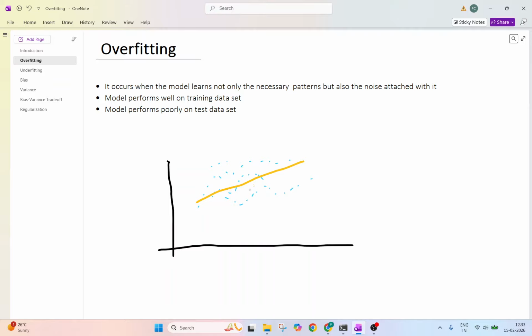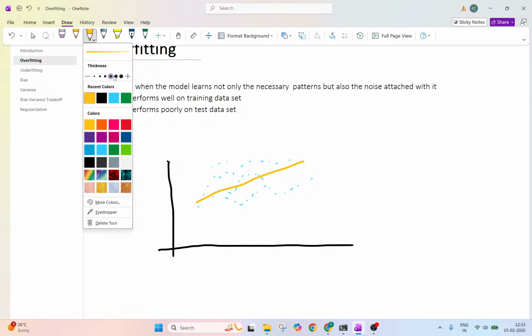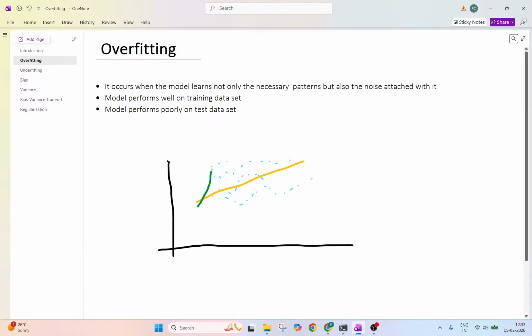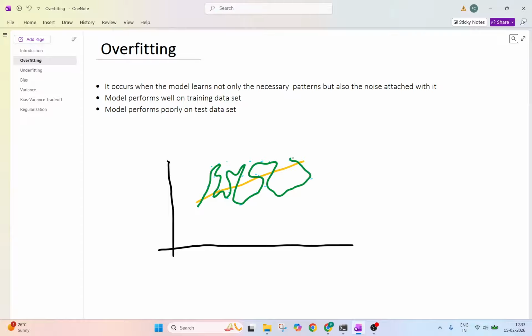But when we talk about an overfitted model, the line would change something like this. Let me take a different ink. So it will try to fit all the given points. Something like this. And you understand how complicated the model became, right?